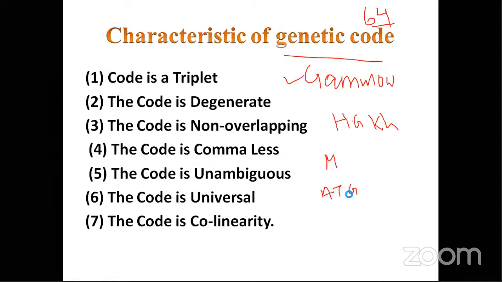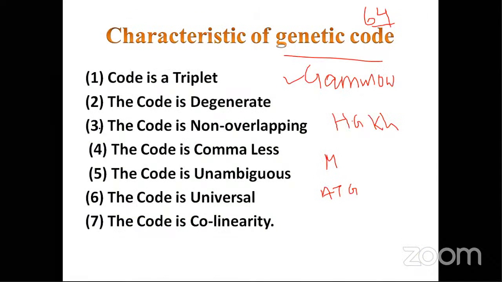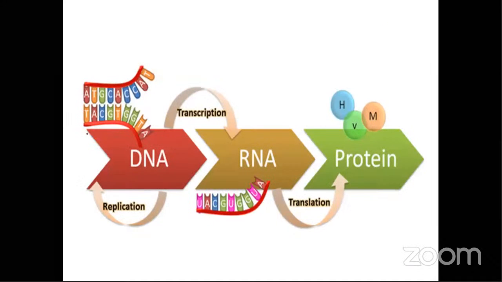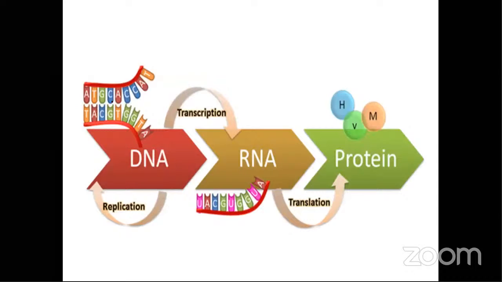What the genetic code is, first thing you see in this diagram. I told you, here 3 bases will be coding for one amino acid. This triplet is called genetic code. You see here, this triplet is called genetic code, this triplet is called genetic code, like that it will proceed.